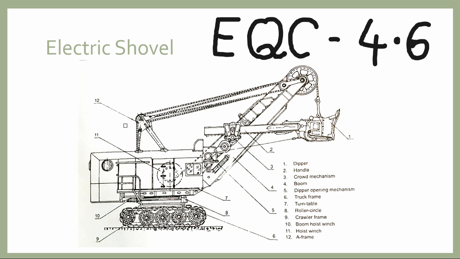Third is the hoist mechanism. Fourth is the swing mechanism. Fifth is the travel mechanism. Sixth is the pneumatic control system. And the seventh unit is called the undercarriage unit. So students, let's start the discussion of these mechanisms which help to operate or control the electric shovel.